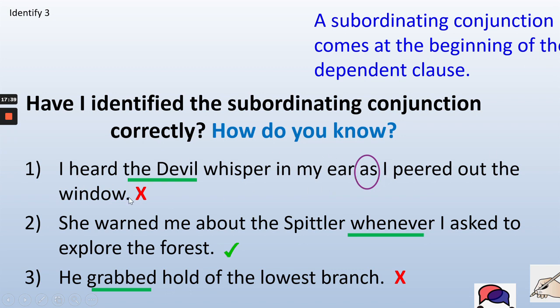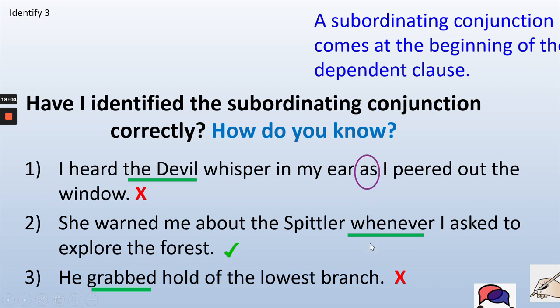As I peered out the window is the dependent clause. The subordinating conjunction comes where? Fantastic. The subordinating conjunction comes at the beginning of the dependent clause. So as is the subordinating conjunction.